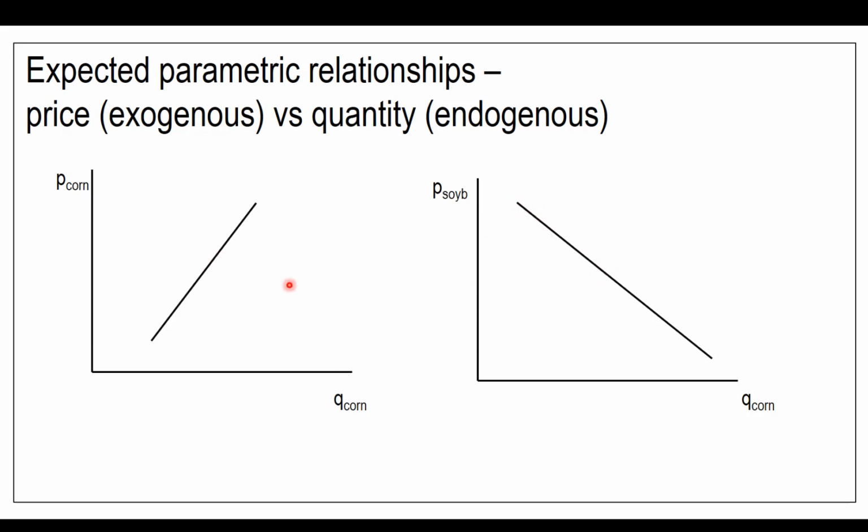So this negative relationship here means a positive shift. If this is your corn supply curve, and the price of soybean falls, you shift right. If the price of soybean increases, right? So as soybean price increases, you retract the quantity of corn. It must mean that this is what happens when the price of soybean goes up. So you shift to the left, and you shift to the right when soybean prices fall.